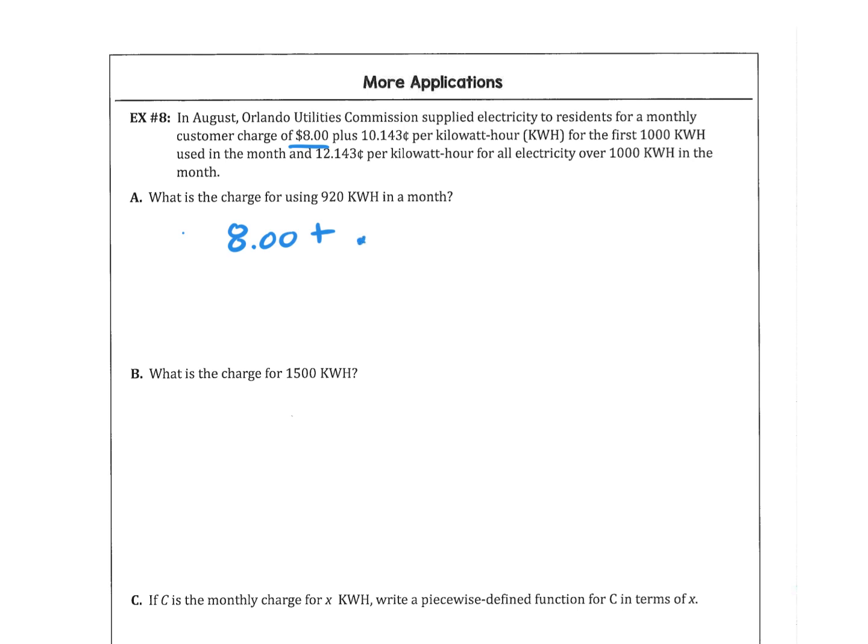So this becomes 0.10143 times what? Is this above or below 1,000 kilowatts? It's below, isn't it? So for the first 1,000 kilowatt hours, how many kilowatt hours did we use? So 920. Boom. So what is the charge for your 920 kilowatt hours?